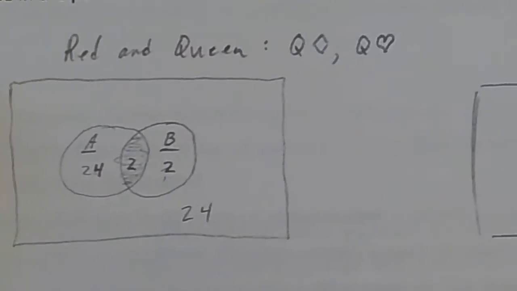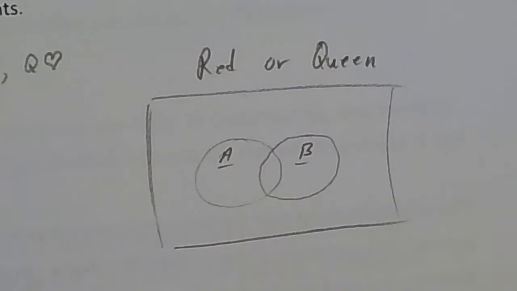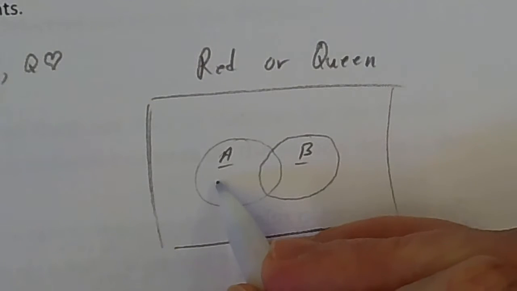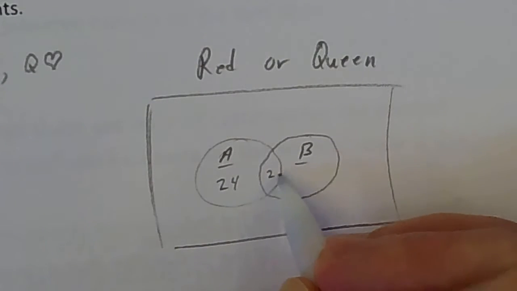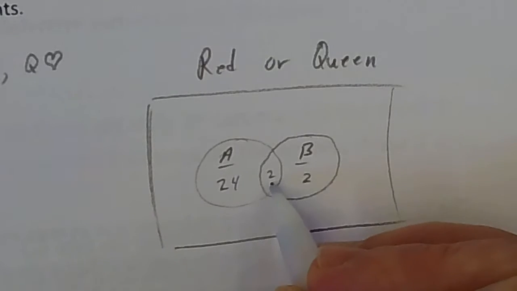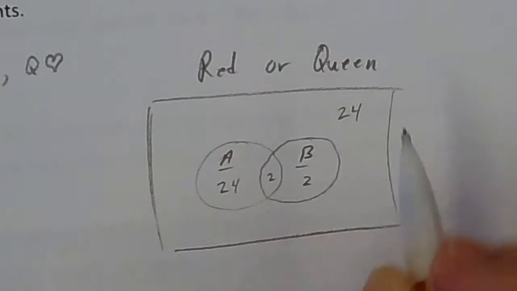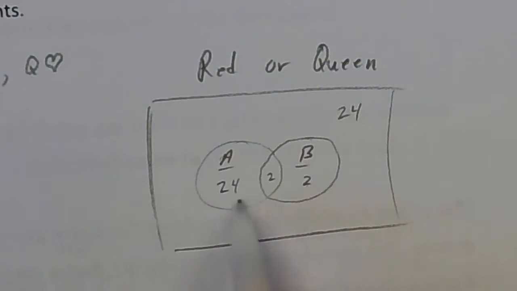Okay? All right, so back to red or queen. These numbers are still set up the same, right? We have 24, 2 that are red and queen, and then we have 2 that are just queens, but they're not red because they're the black queens. Okay, and we still have 24 outside. All right, but red or queen, now the total for that is all of these, right?